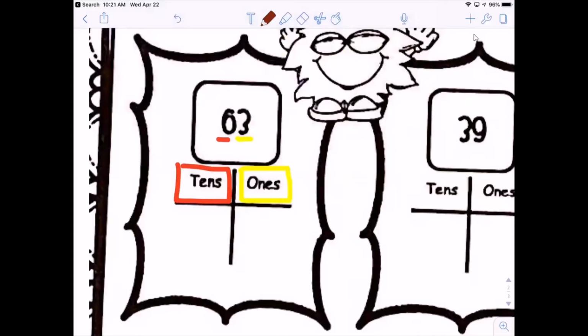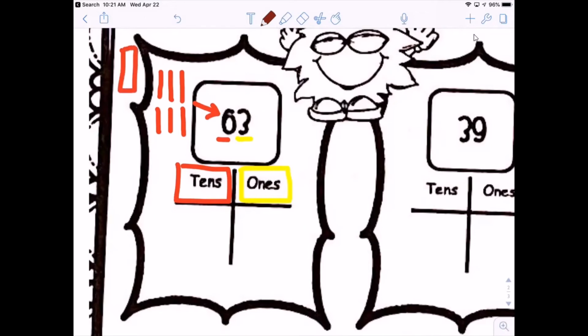So right here, what you're going to do for your 10s, you're going to do your 6 rods for 10. Okay, so it would be 1, 2, 3, 4, 5, 6, because I have 6 groups of 10. And remember what I said since the beginning. You could do your sticks to show me 10, or you could draw your rod.